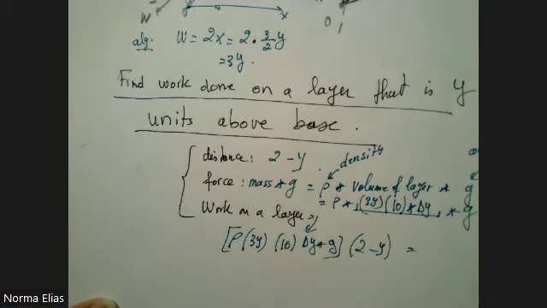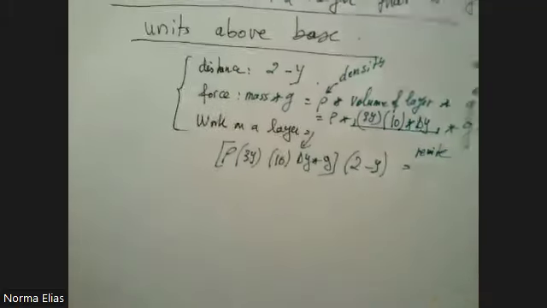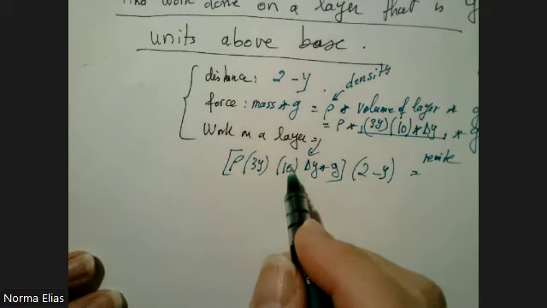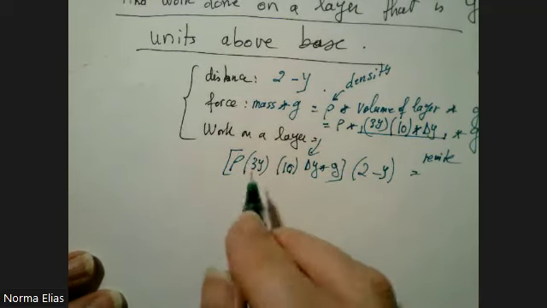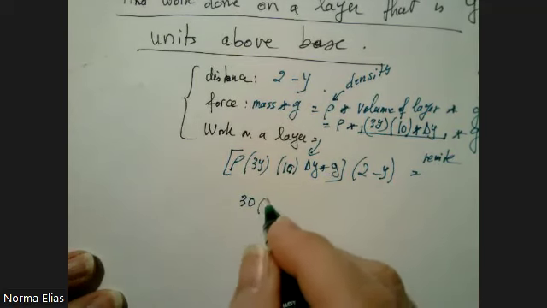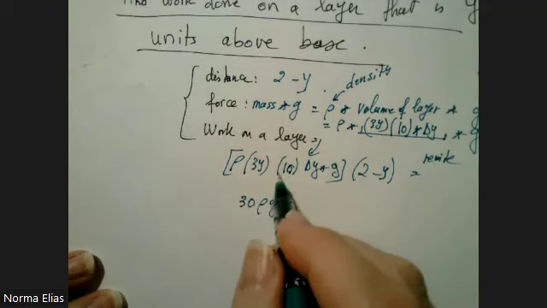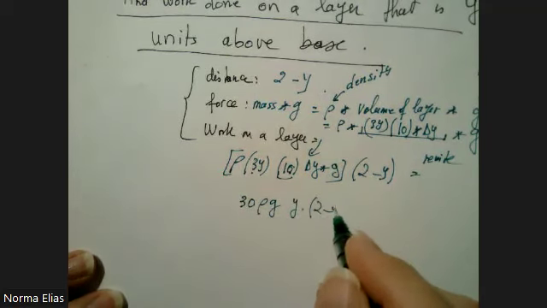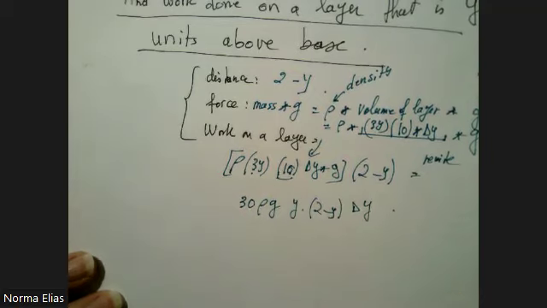At this stage, I rewrite as usual to make the delta y show up much easier, so I can recognize a Riemann sum. This is going to give me 3 times 10, that's 30 rho g, so 30 rho g times y times 2 minus y delta y.